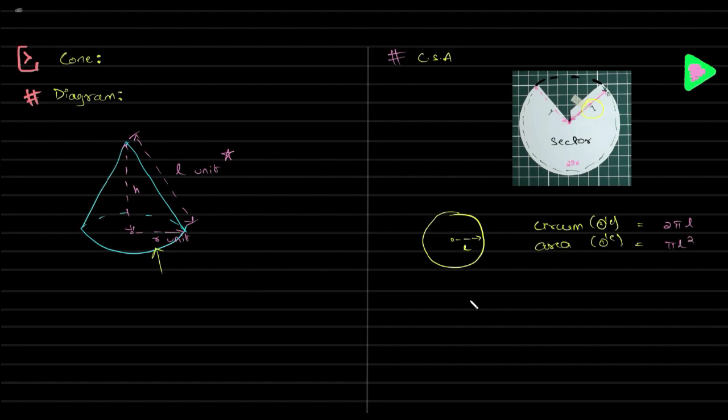Now we'll make use of something called as using proportionality concept. What is this proportionality? Proportionality is to do with, if I had to buy one item which cost 10 rupees, buying two items would be costing me 20 rupees. 5 items would be costing, yes, 50 rupees.